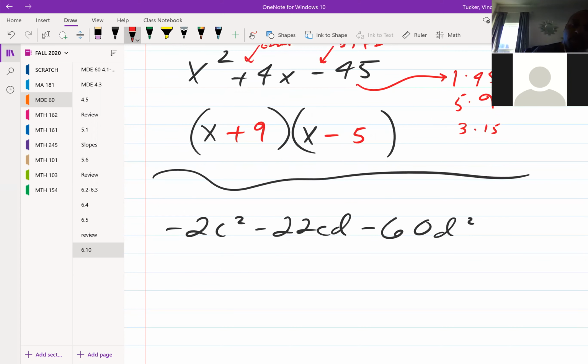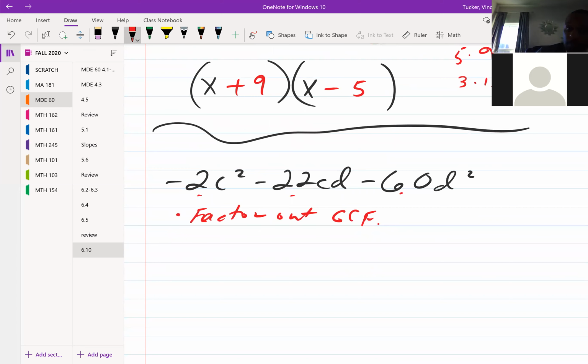Remember last class, before we close out, we mentioned factor out GCF. So our GCF, we look at each one of these terms, would be 2. And not just 2, we can actually factor out negative 2. So we pull the negative 2 out front.